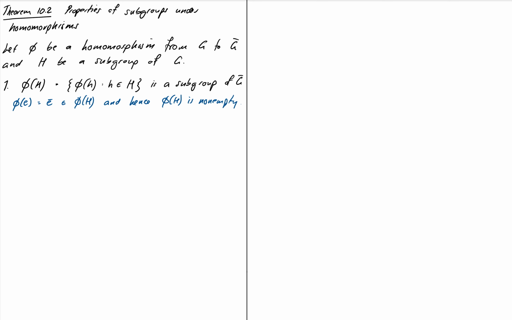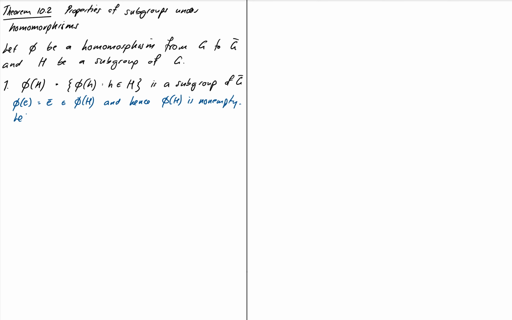That gives us license to use our subgroup tests, so we'll use the one-step subgroup test. I need to choose two elements of phi of big H and show that the element A times B inverse is also a member of phi of big H.